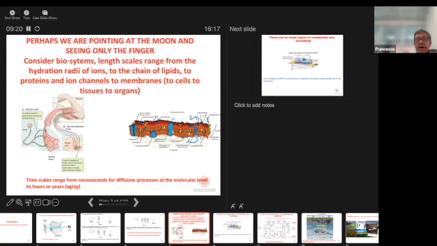Some of them are macroscopic, and down, down, down, you go to the nanoscale. So here the issue is, can we reasonably describe all these length scales in the proper way using the same kind of theory?